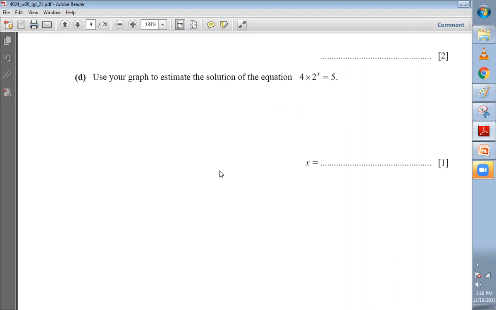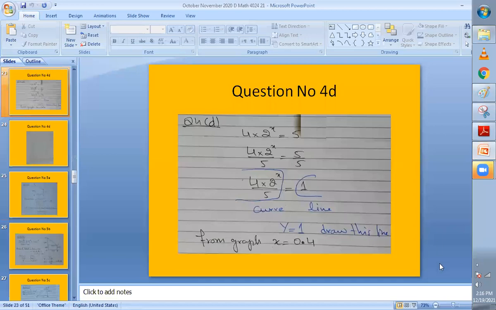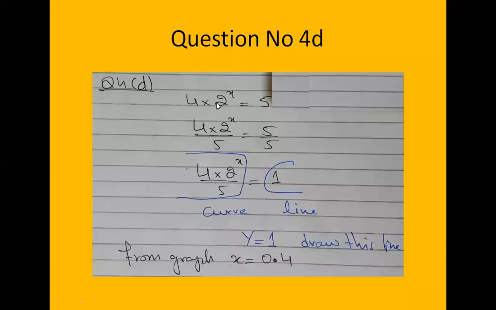So when the expression on the left side is exactly the same as the one whose formula we have, whose graph we have drawn, let me show you. I will try to explain to you. That was the expression whose solution they are asking you to find out. So I divided both sides by 5.